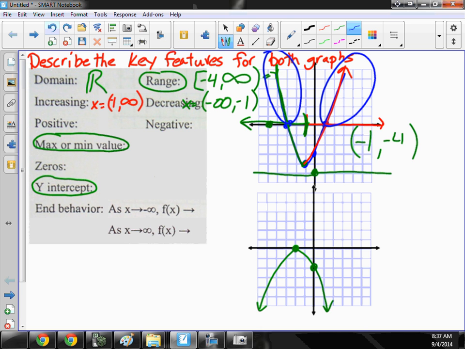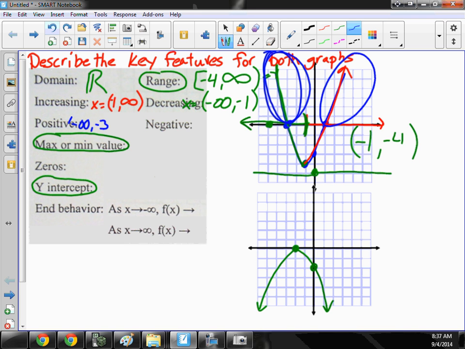So we're going to have the union of two intervals. What is the smallest number on the left side? So if I look at this portion here, what is the smallest x value in that portion? Negative infinity. What is the biggest number in that portion? Negative 3.